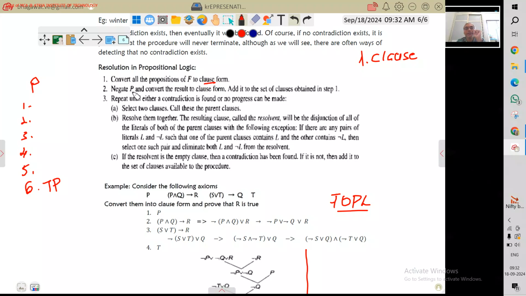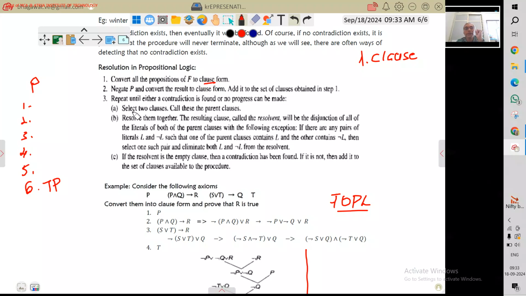So the algorithm says: negate P, convert that result also to clause form, and add it into the set of all clauses. The third step says repeat until either a contradiction is found or no progress can be made. Now you follow the principle of resolution.